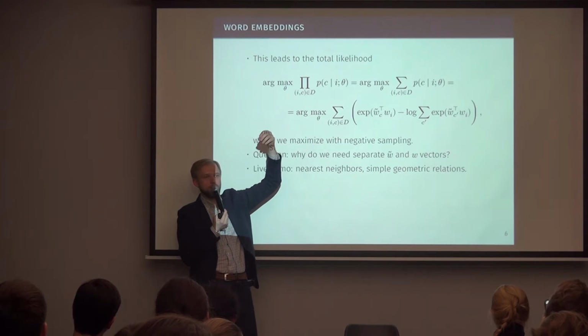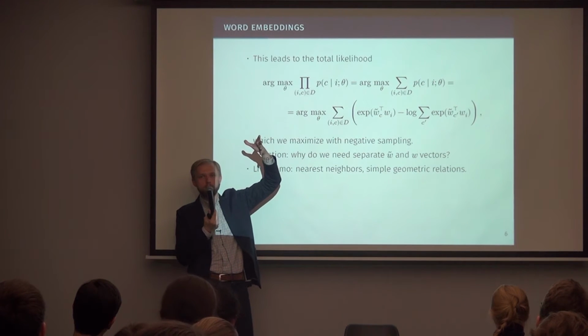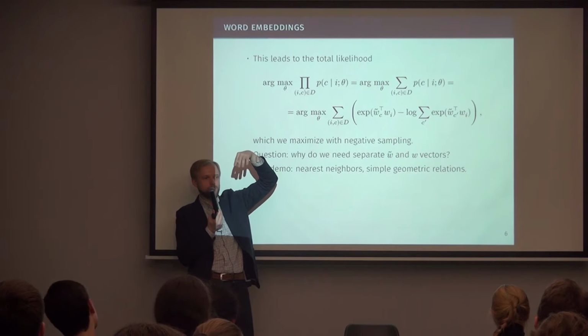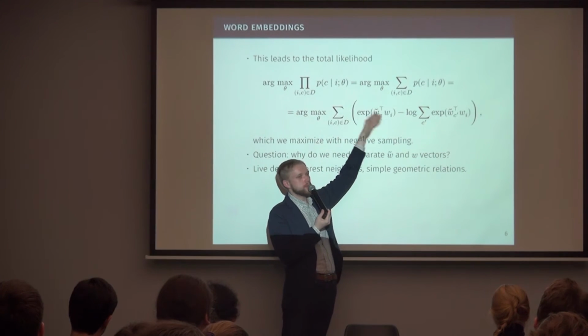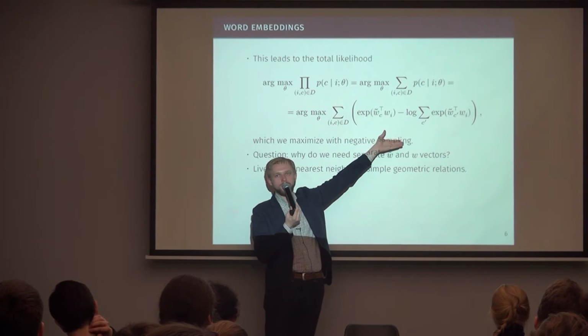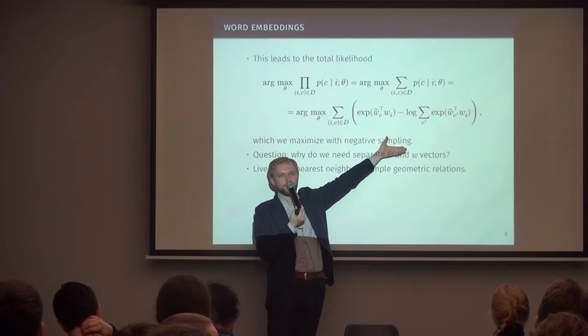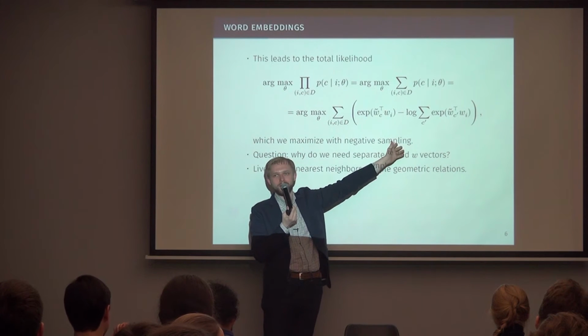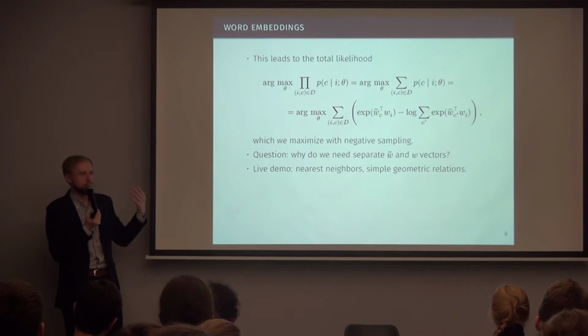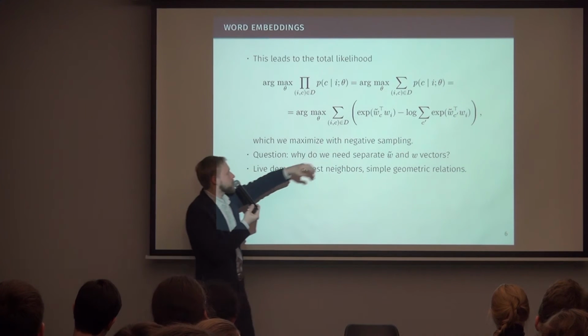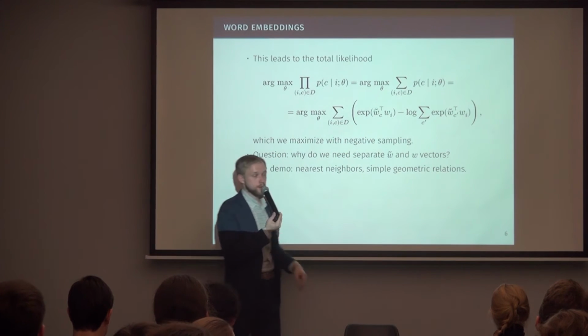For most words, it is a very low probability that the word will be repeated immediately, right? So for most words, we would have this optimization problem to try to minimize just their norm and reduce these vectors to 0, which is, of course, not what we would like to have. So this is why we have to have separate vectors for the context and for the word itself.